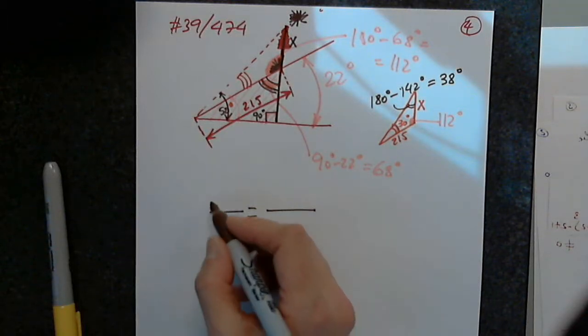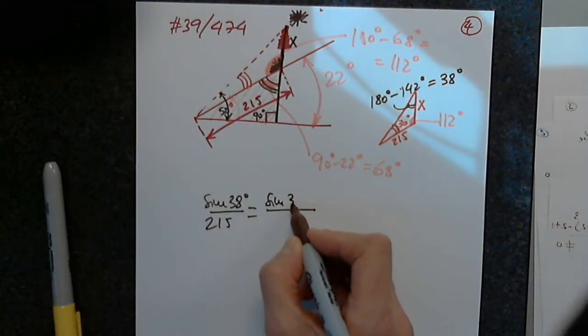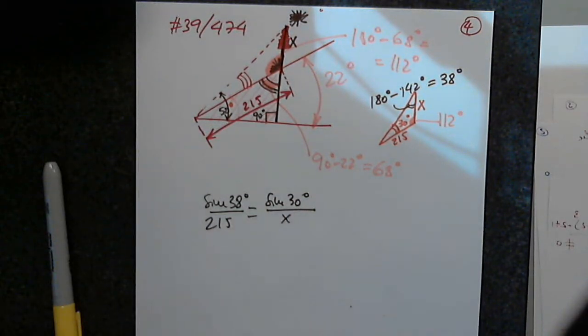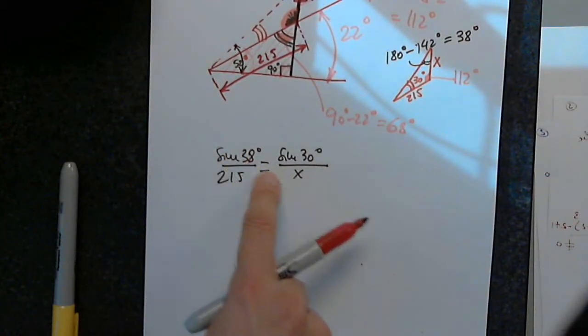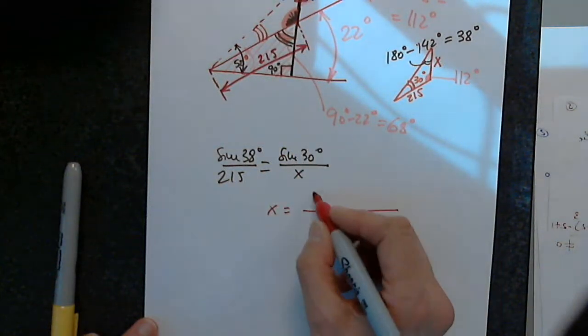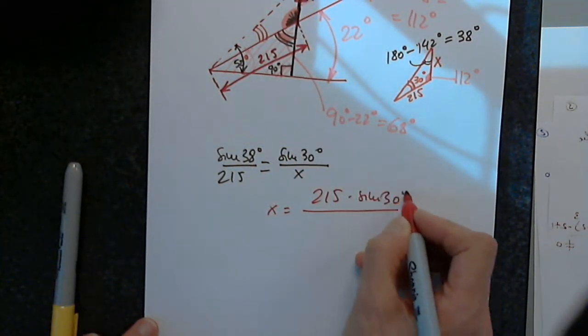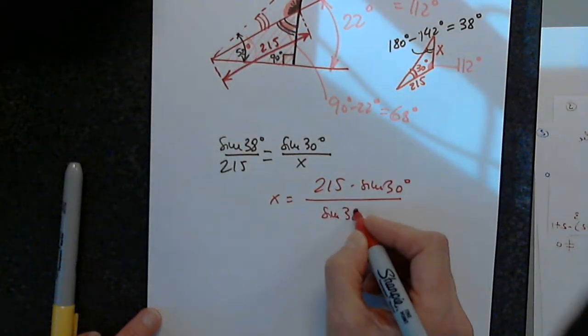So what will you write? Sine 38 over 215 equals sine 30 over x. This is a useful type of application to determine the height of the tree. So, of course, I'll cross multiply. Now, you don't have to write the intermediate step anymore because you know this times this equals this times this. So you have x equals 215 times sine 30, which you know is 1/2, divided by sine 38.